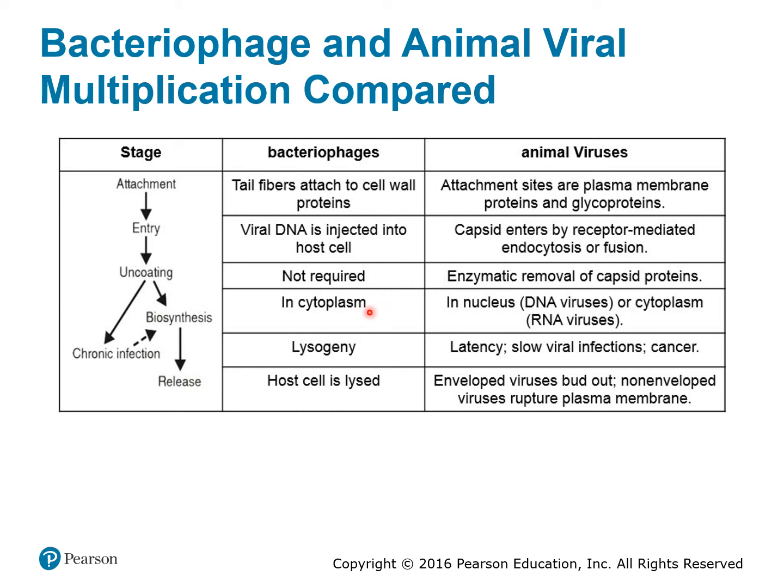Once the DNA of the bacteriophage is inside, it's going to stay within the cytoplasm of the host cell, and from there it's going to start either entering into the lytic cycle or the lysogenic cycle. With animal viruses, if the animal virus contains DNA, then the DNA usually enters into the nucleus of the host. But if it's an RNA virus, then it's going to enter first into the cytoplasm of the host.